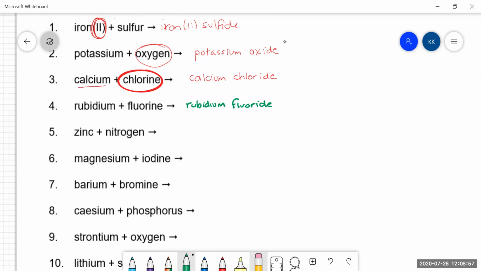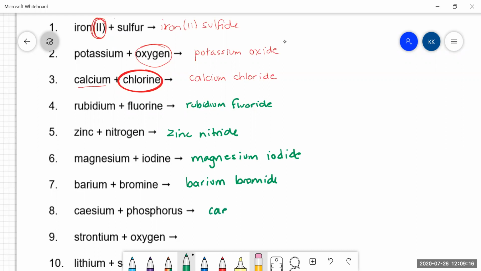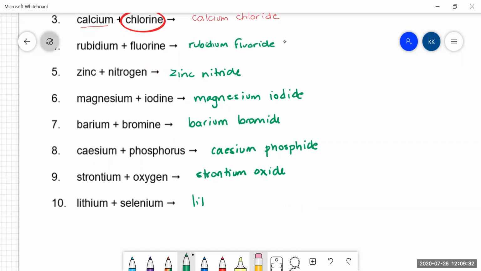Rubidium fluoride, zinc nitride, magnesium iodide, barium bromide, cesium phosphide, strontium oxide, and lithium, this one's selenide.